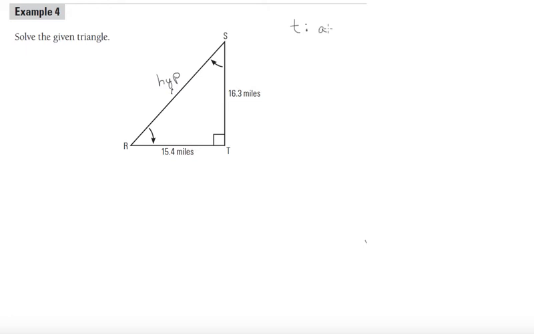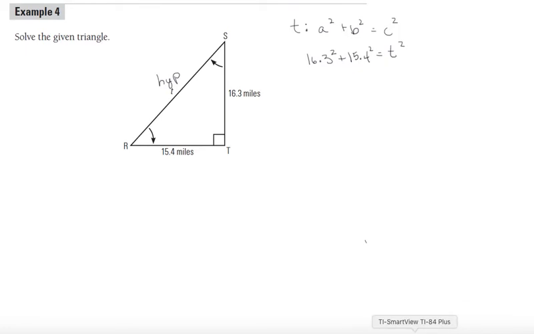So we know that a squared plus b squared equals c squared. In this case, c squared is actually t squared, and we can say this is 16.3 squared plus 15.4 squared, and that's going to give us that.